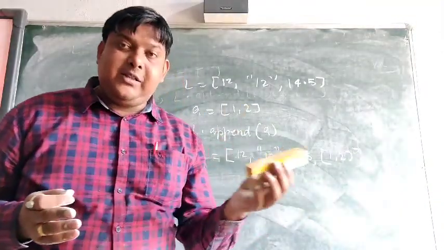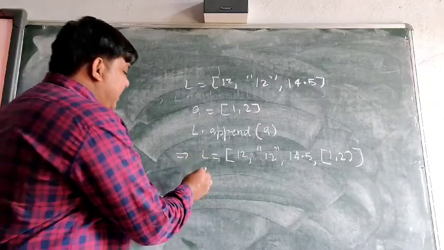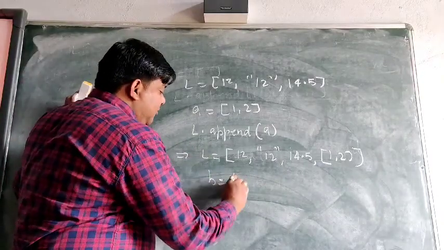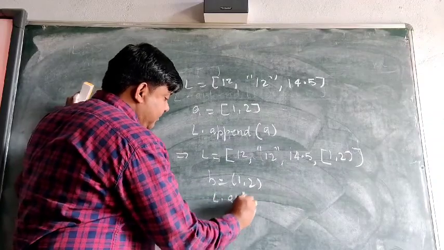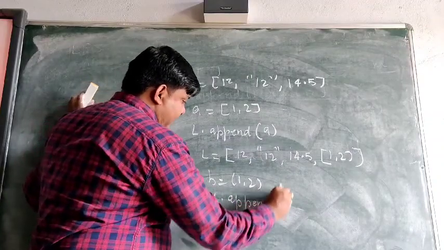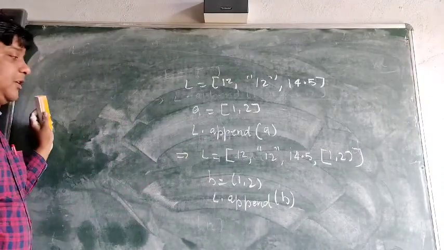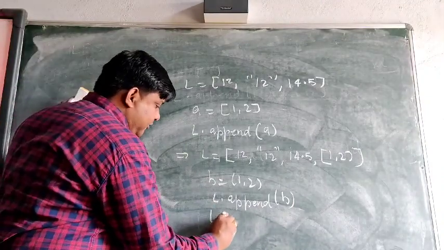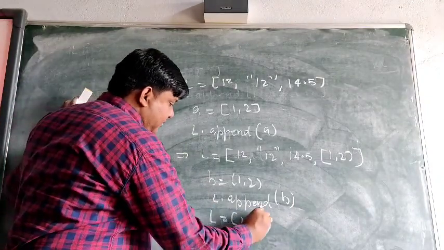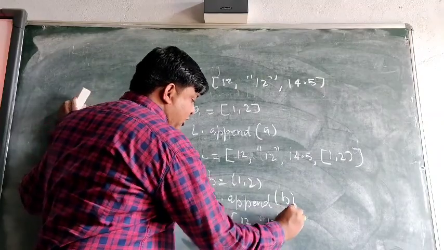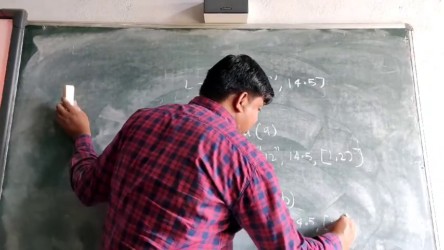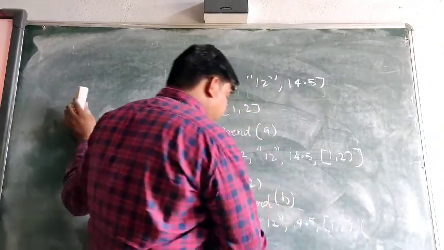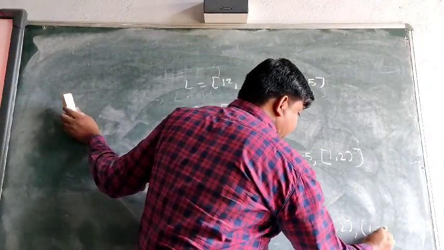If the variable is of tuple type, for example, we have b is equal to 1 comma 2, and we have written here L dot append b. So what will be the list value? L is equal to 12, in double quotes 12, comma 14.5, comma 1 comma 2, and comma again the tuple value will come, 1 comma 2.